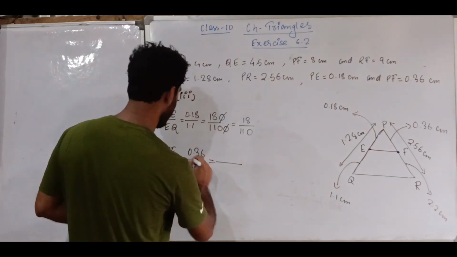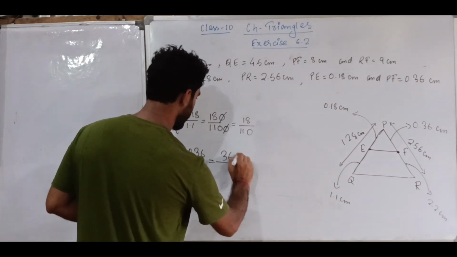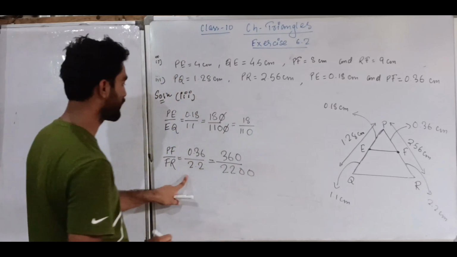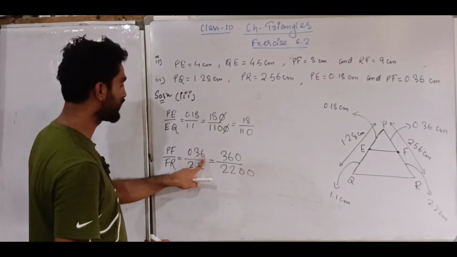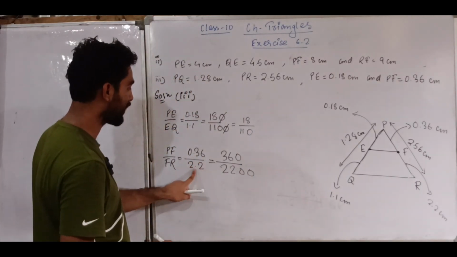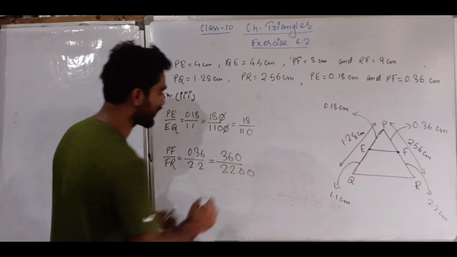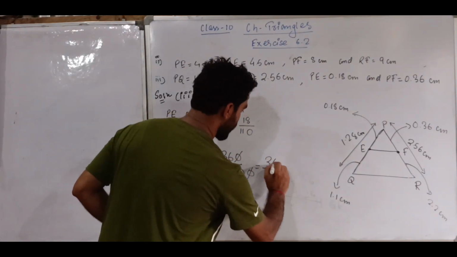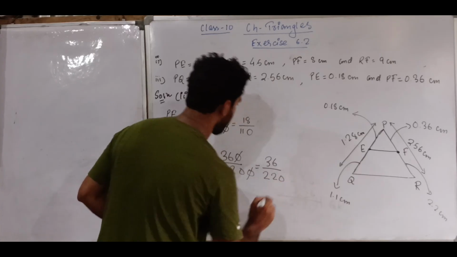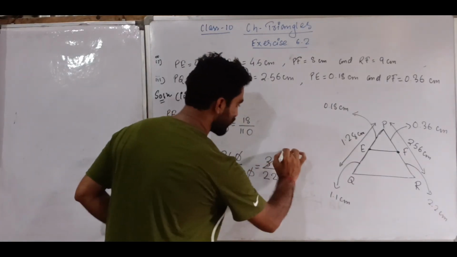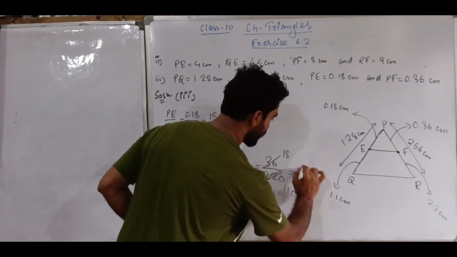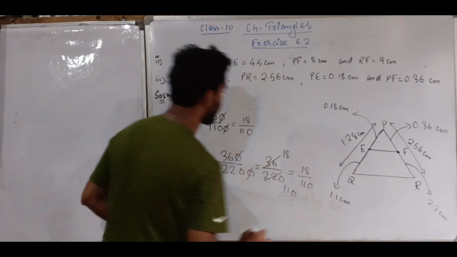So again this will be 360 and this will be 2200, because here after the decimal point 2 digits are there, so we write 20 here, and here 1 digit is there, so 10. So this will be 36 divided by 220. Both can be simplified by 2. 18 2s are 36, 110 2s are 220. So 18 divided by 110.